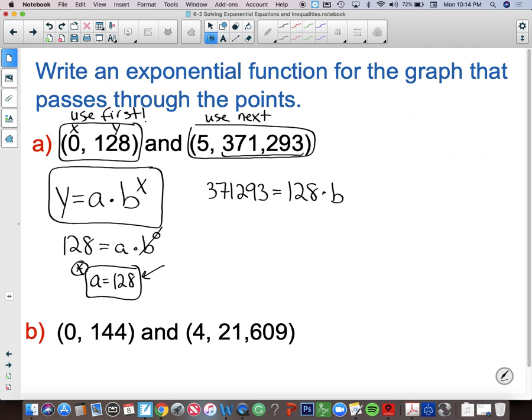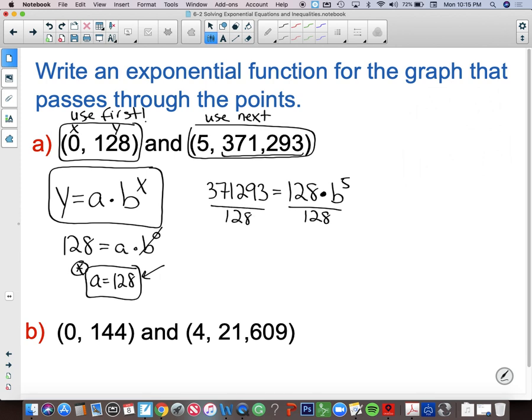The b we don't know yet. We got b to the 5th. Okay, so now we got to figure out what b is. This is just like the stuff we did last chapter, so you can't forget about it. So we want to get this exponential by itself. So let's move the 128 first. So divide by 128 on both sides.